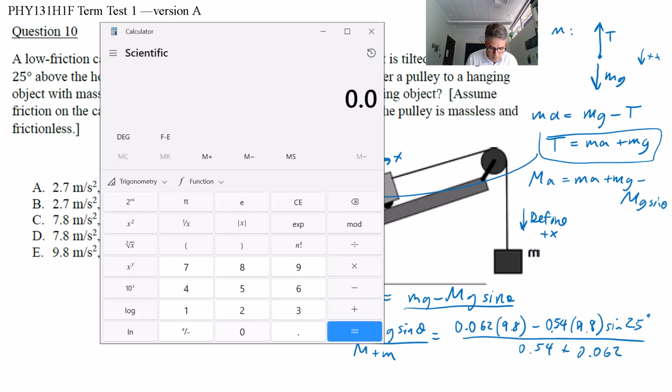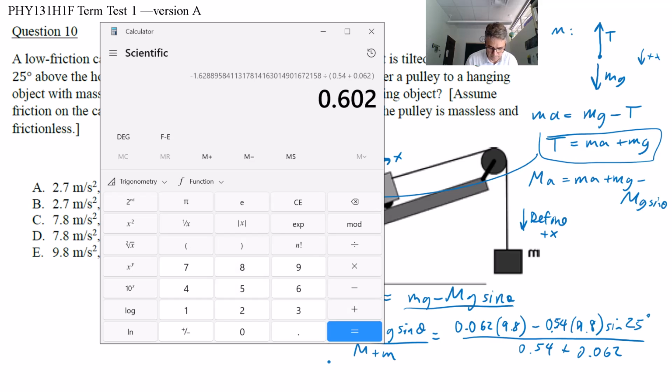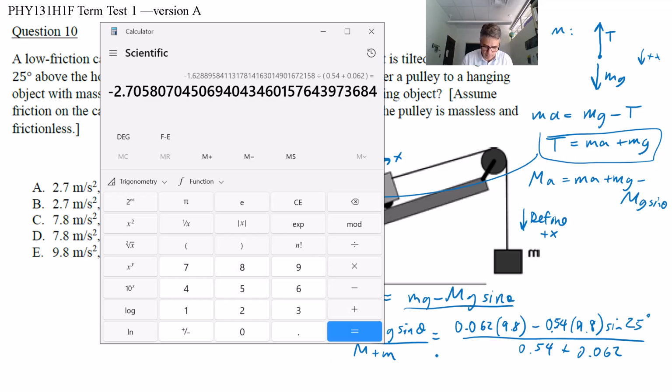So 0.062 times 9.8 minus, open parentheses, 0.54 times 9.8 times sine of 25, close parentheses, and then divided by, open parentheses, 0.54 plus 0.062. So I get negative 2.7.